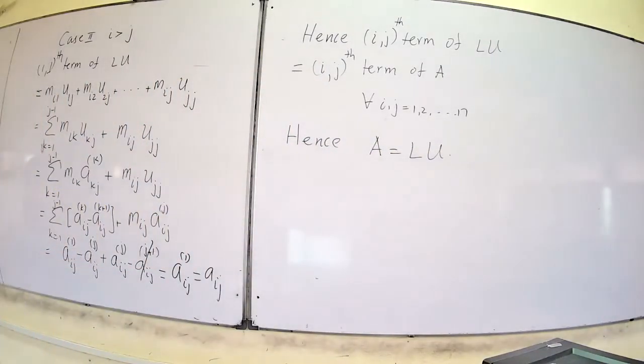So this is how we prove that Gaussian elimination leads to a factorization A equal to LU.